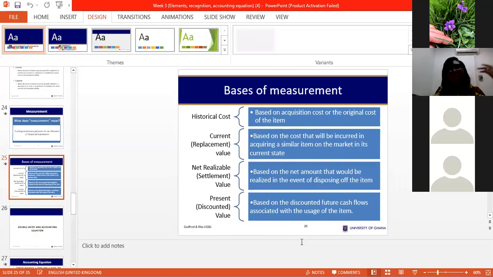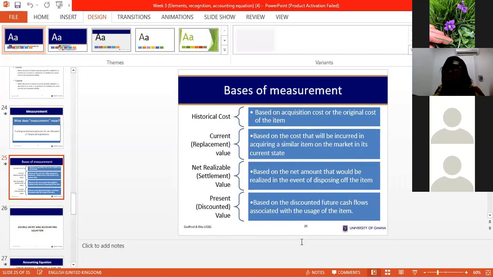The other one is the current replacement cost. So what we will refer to in the local parlance as second-hand. So even with second-hand, if you go to first line, you have first selection and second selection. So that is the current replacement cost. How much would you incur in acquiring a similar item in its current state?